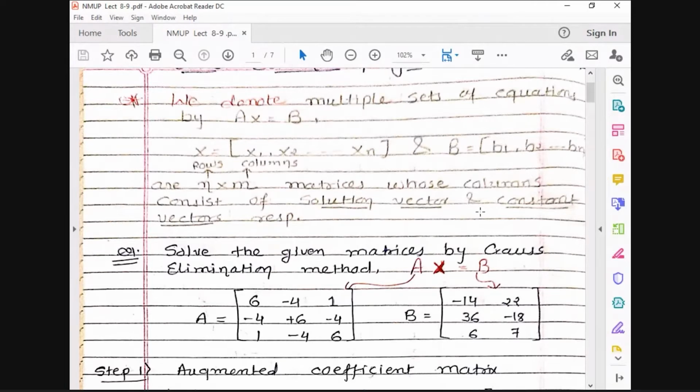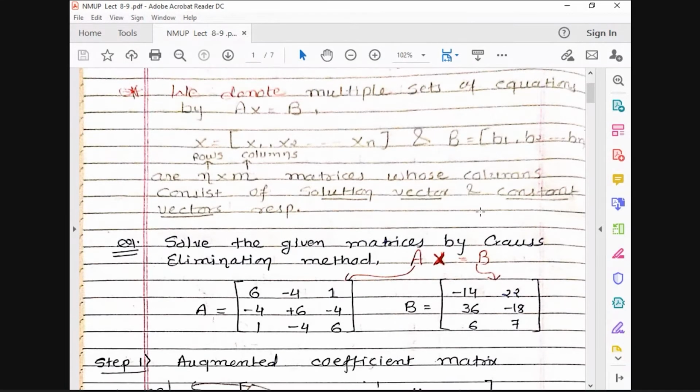In the present screen, one example is over here. In that, one matrix is there, a 3 cross 3 matrix. Over here, instead of the equations, the matrix is directly given to you, right? Which contains some positive and negative values. And for the second matrix B, just pay attention.